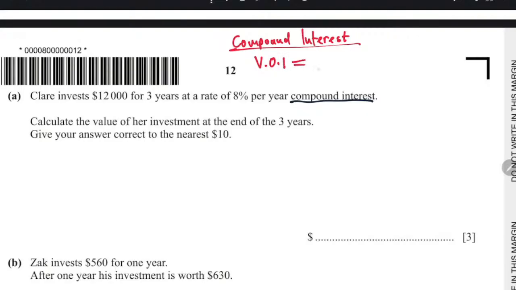This is equal to principal multiplied by 1 plus rate over 100, to the power of time. The reason we divide the rate by 100 is that it's a percentage, so it should be divided by 100. Are we together? Are you seeing? Okay, so that's what you do.